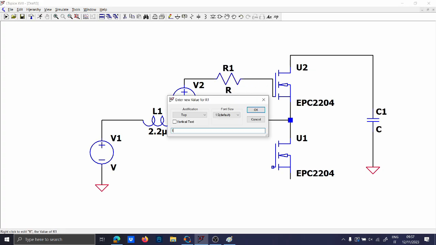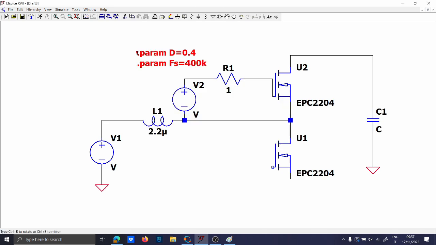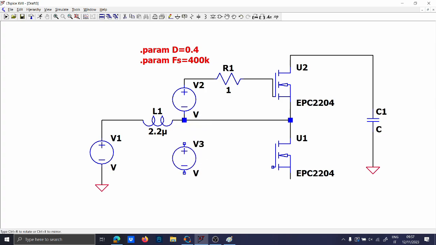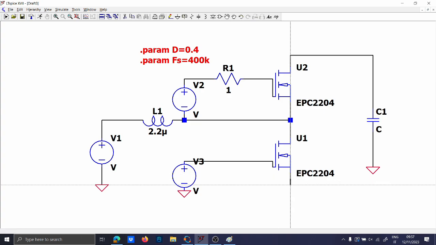Let's put just 1 ohm, and let's put the classical .param d equal to, I don't know, 0.4. We will see later. .param fs equal to 400 kilohertz. So this is just the most basic version of the boost converter, without any complication at all. Very simple.